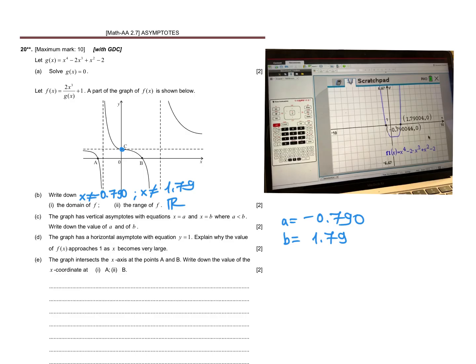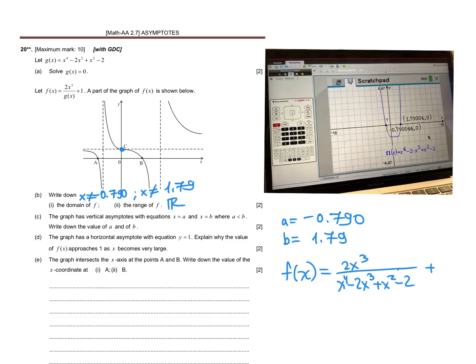All right, so for D, the graph has a horizontal asymptote with equation y equals 1. Explain why the value of f of x approaches 1 as x becomes very large. So we have f of x is 2x cubed over g of x, which is x to the fourth minus 2x cubed plus x squared minus 2.